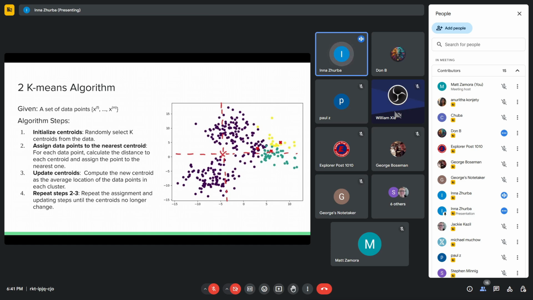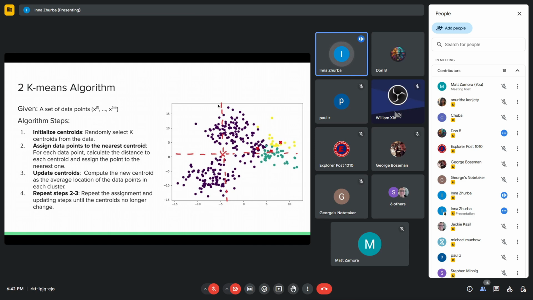We then go on and update centroids. In this phase, centroids are updated by recomputing the means of the points assigned to each centroid. You can see that on the graph. The dotted red lines that I drew there would be the updated centroid after we assigned our data points to the initial set of centroids, those little red crosses you see.